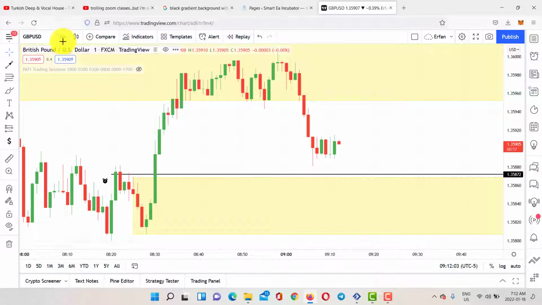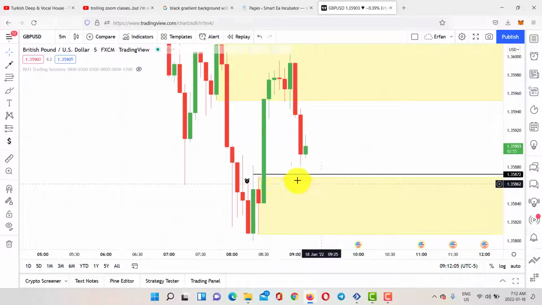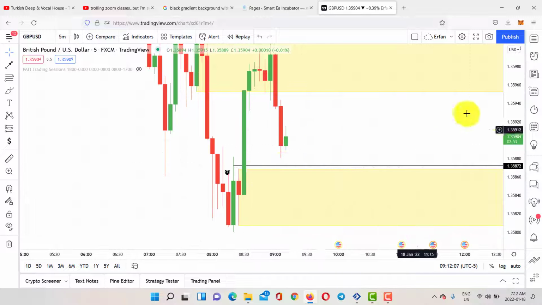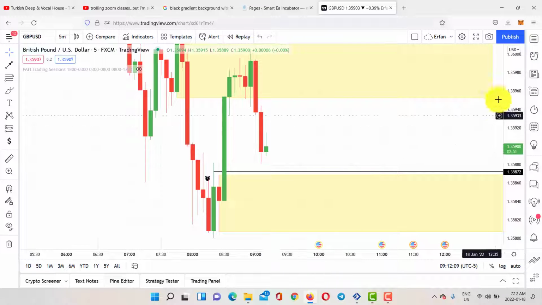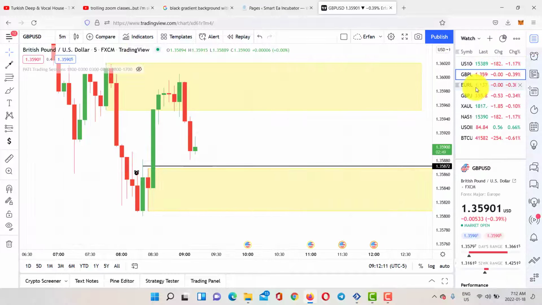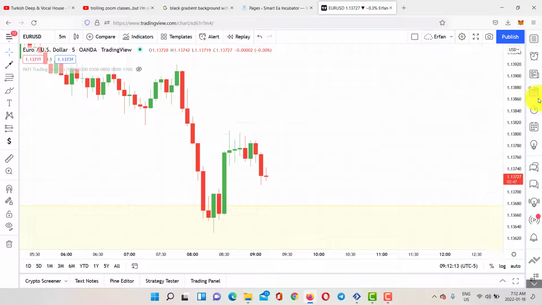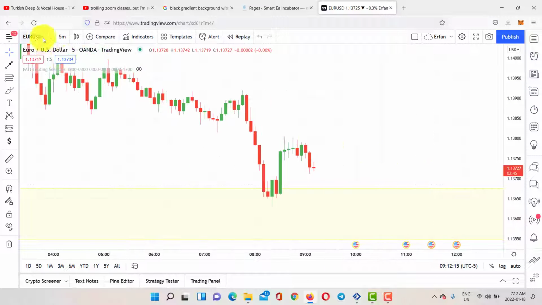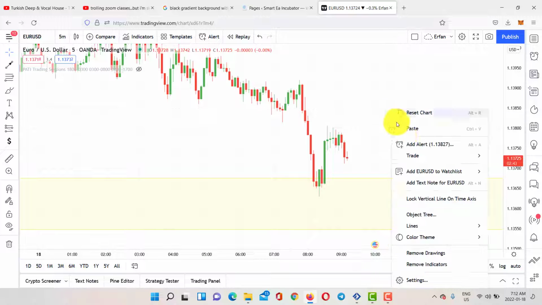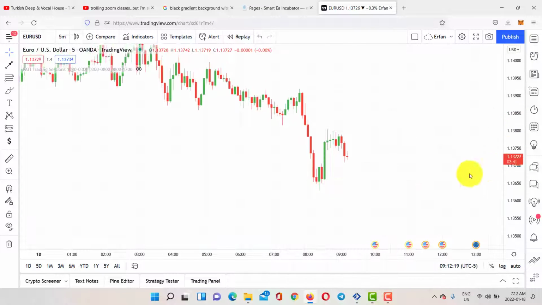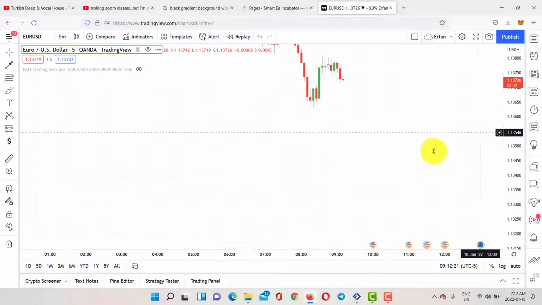So the next thing I need to do is just wait for this order block here to get tapped into, and then I can take my buy position. So this is for GBPUSD. Oh man, I don't know what happened. I had to just leave the chart immediately. So no problem, market is full of opportunities.